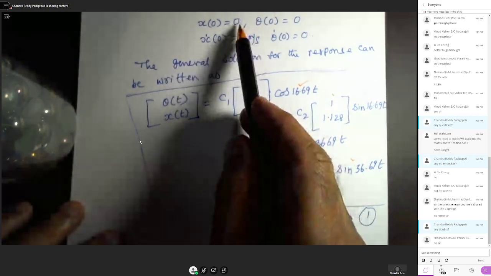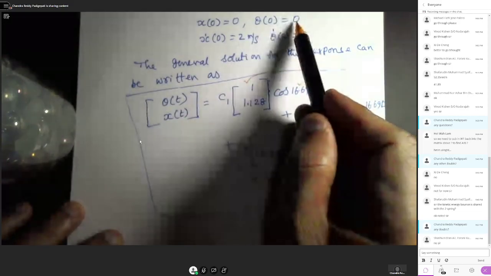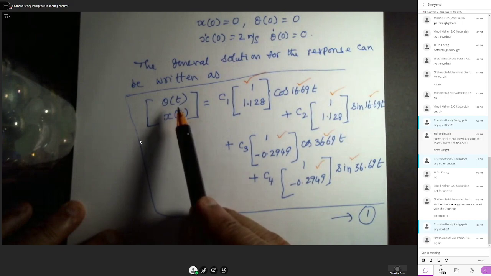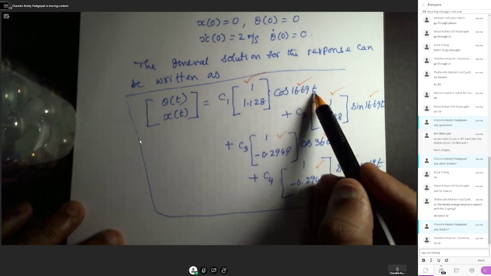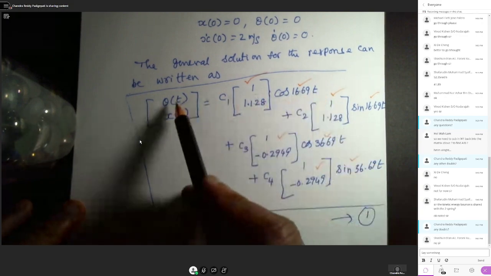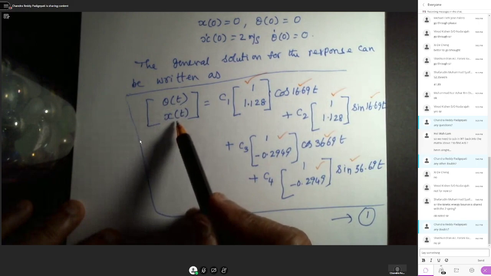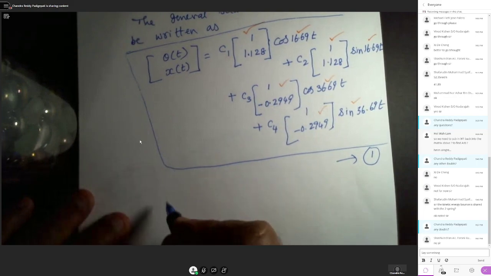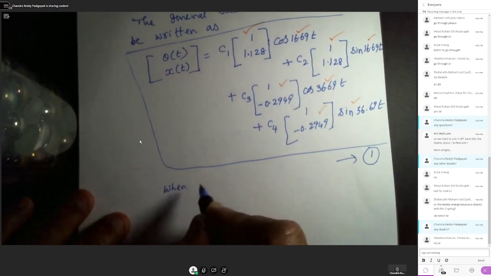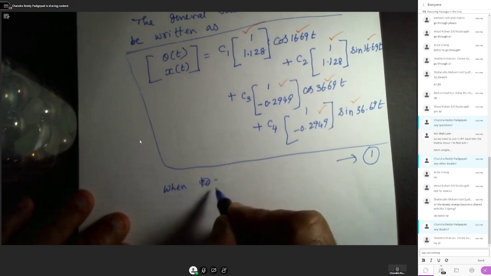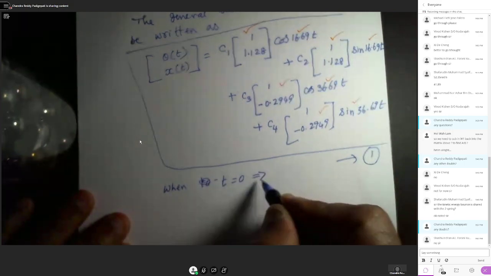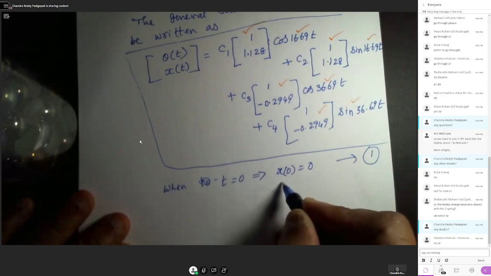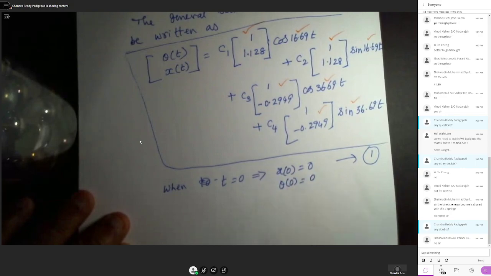Now if I put x 0 and theta 0 as 0, when t is 0, this is 0. So when t is equal to 0, x 0 is 0 and theta 0 is 0.